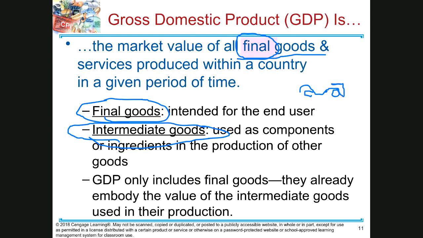This is a car, and we sold it brand new for $30,000. Let's say this year, this is part of GDP, $30,000. Somebody bought it, the dealership sold it, we captured it in GDP.